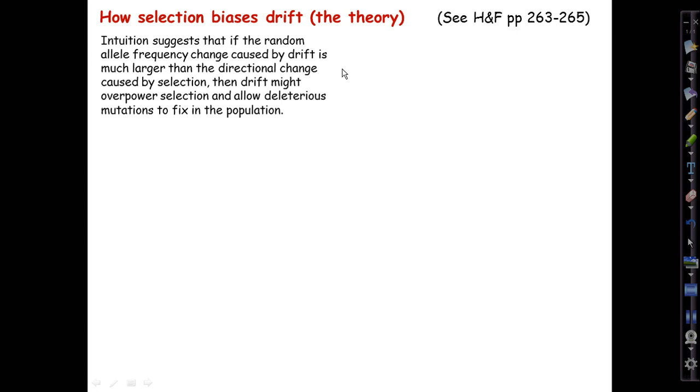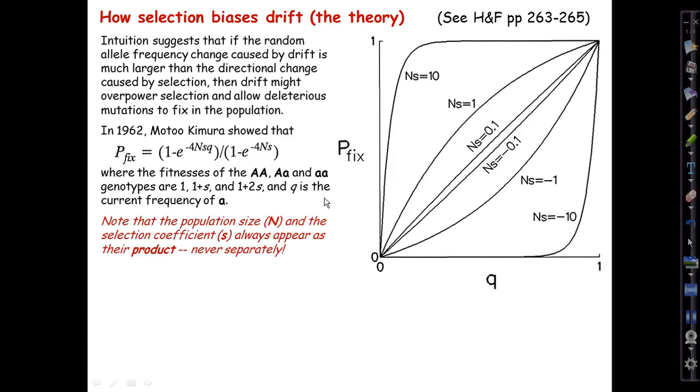So your intuition by this point should be telling you that if the random allele frequency changes caused by drift are much more violent, vigorous, or larger on average per generation than the directional change that is caused by selection, then drift could overpower selection and allow deleterious mutations to fix in the population. That makes obvious intuitive sense, and we've seen it happen in a few of these experiments.